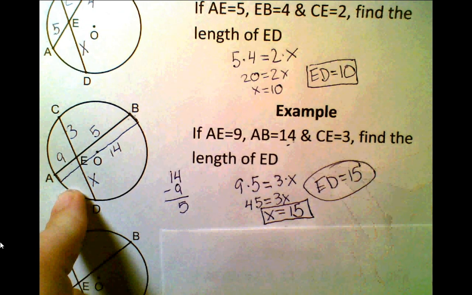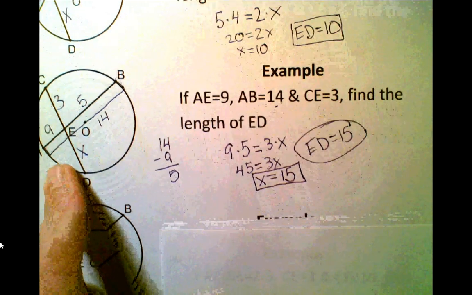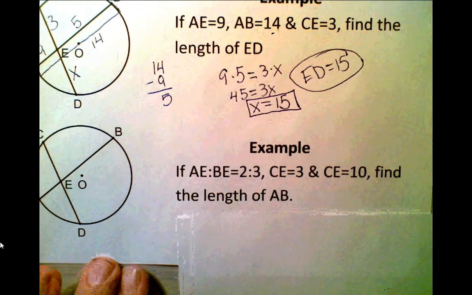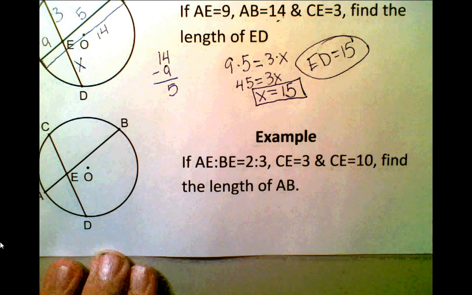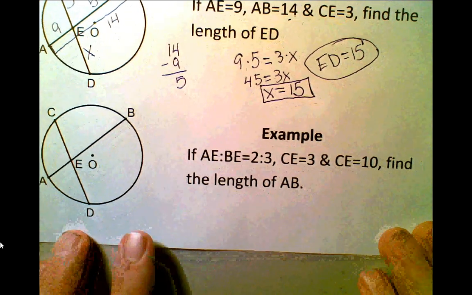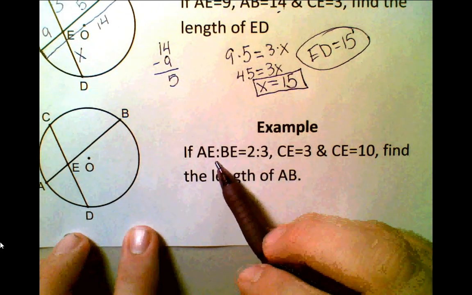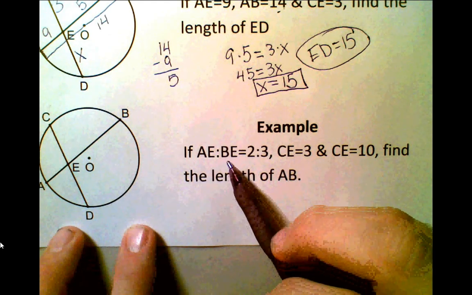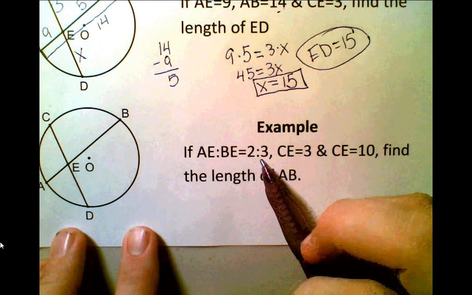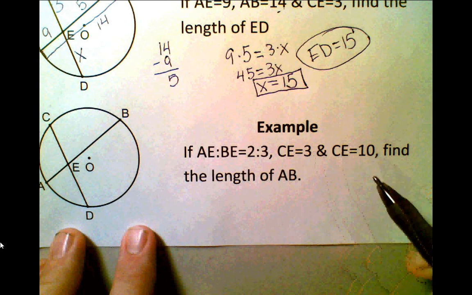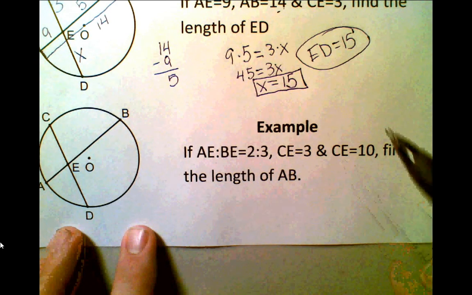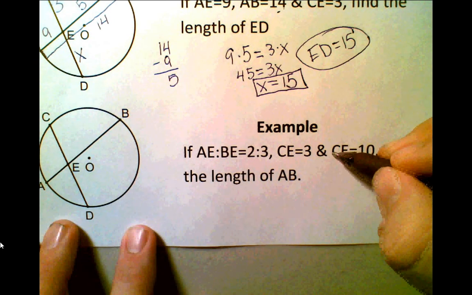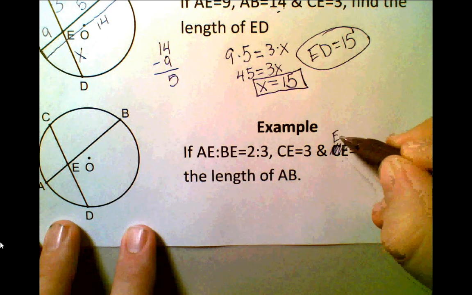Okay, our last example, and I of course had to toss in one of these lovely problems. We are dealing with a ratio now. The problem says the ratio of AE to BE is equal to 2 to 3. If CE equals 3, and not CE, whoops, ED, I apologize about that.